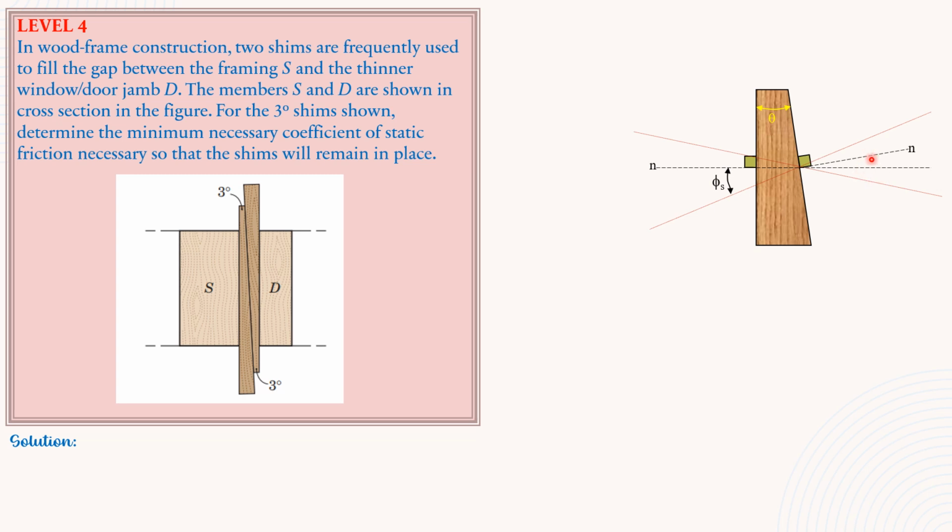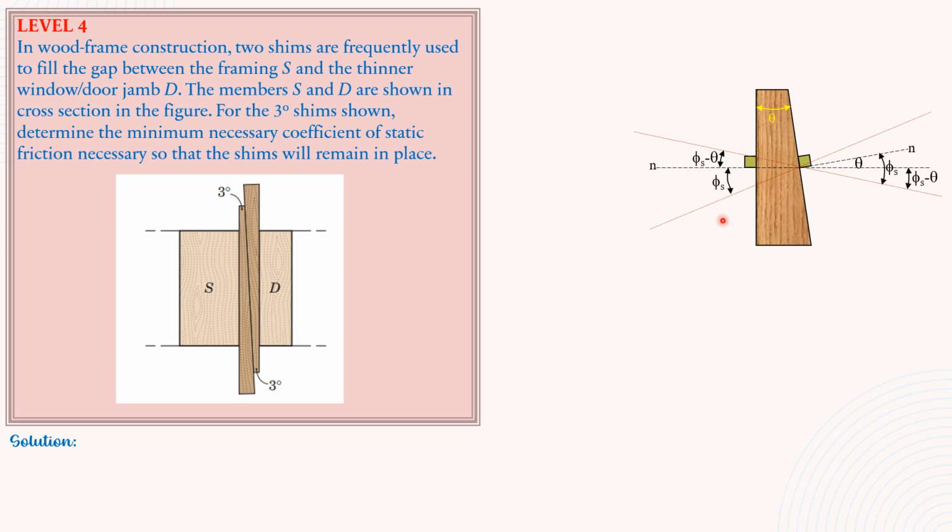So the angle between normal and this line of action is also P sub S. Then the angle between the normal and the horizontal is theta, as shown. So therefore this angle here is P sub S minus theta, which is supposedly equal to this angle here, because these two have common horizontal line and common red line. So this is also P sub S minus theta.